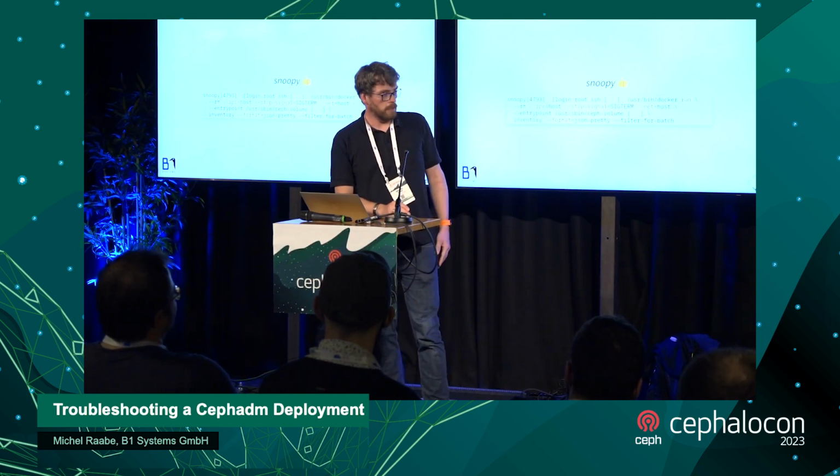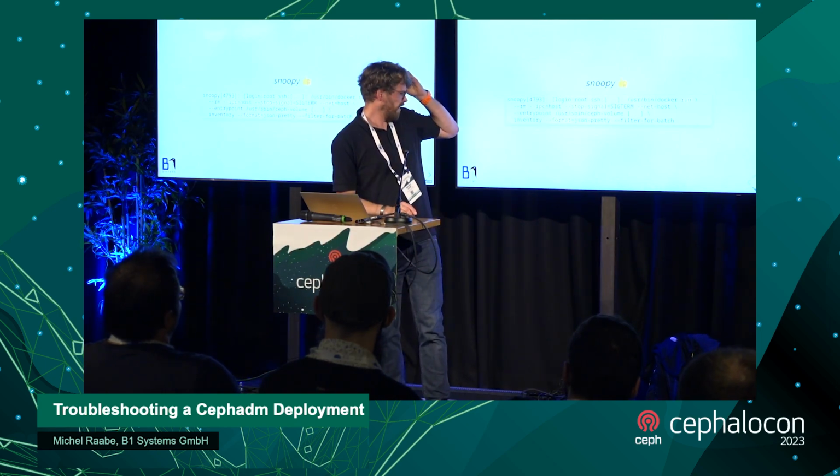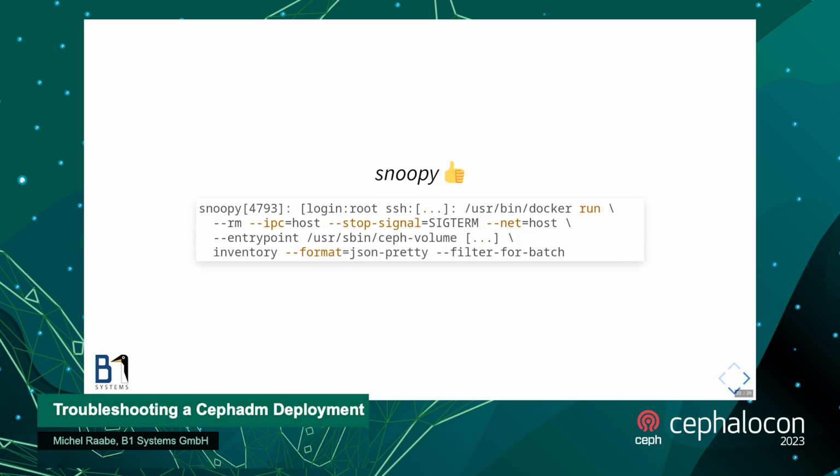And then we get an output like this one. This one is from, I think, Ceph ADM OSD refresh or host device refresh, something like that. It's a Ceph ADM command which you can run to see all the OSDs, all the devices that you have inside the cluster. And this is the corresponding command that runs on an OSD host, for example, or on all hosts which are part of the cluster.